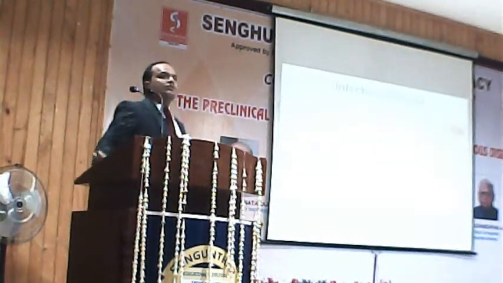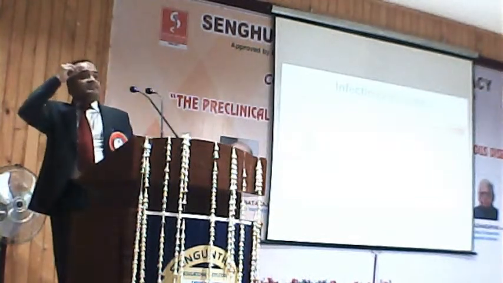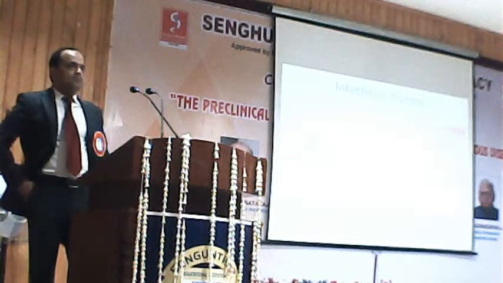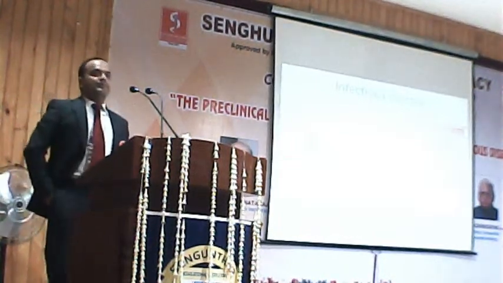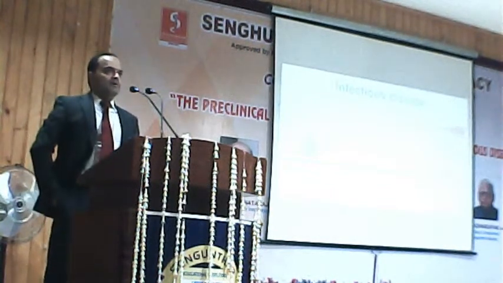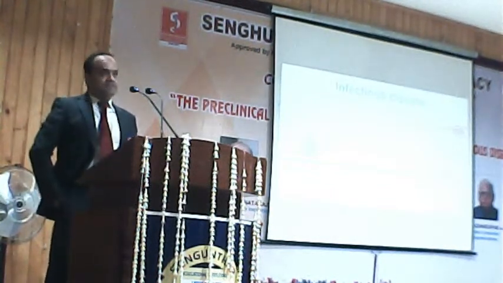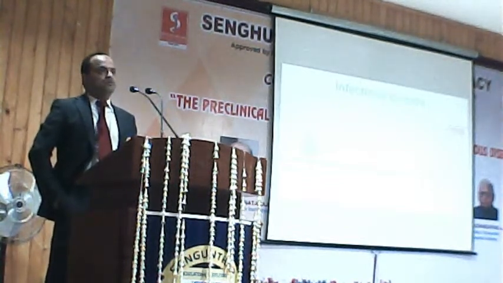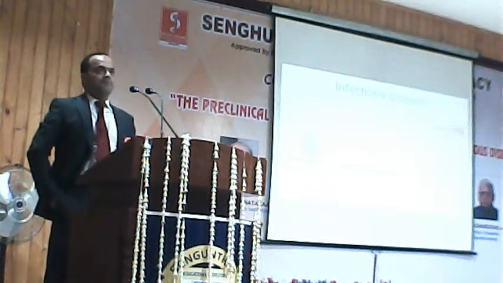So when we talk about the history of infectious diseases, this is nothing new for us. Since the dawn of human beings, we have been seeing some kind of diseases. And of course, there were different phases. There were different modes of medication used to treat the diseases.